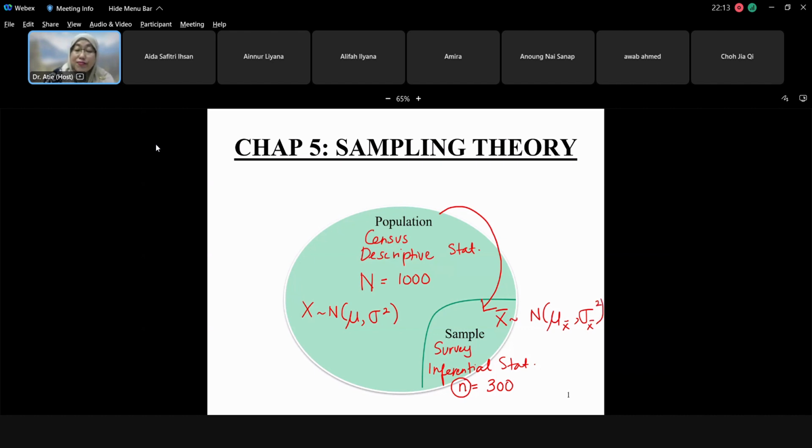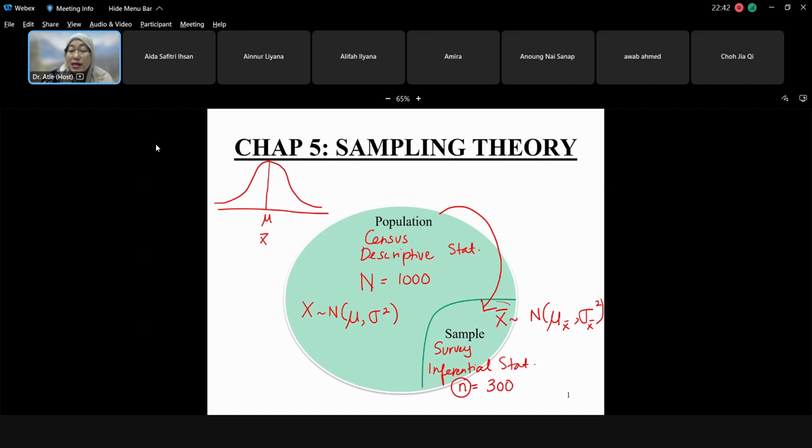So that's the difference. Remember I told you before when we draw this normal curve, the middle part should be the mean, right? Or X bar. Mu is actually the mean for the population. X bar is the mean for the sample, right? So that's why we take the sample mean here for the distribution.